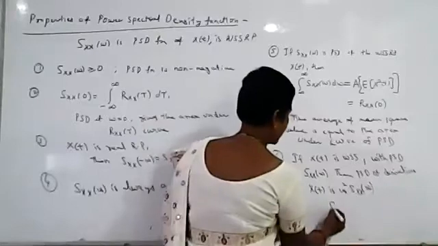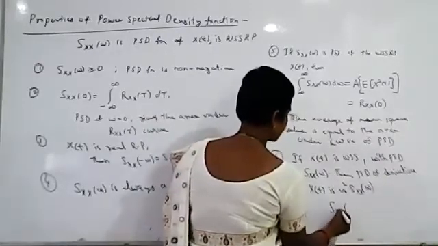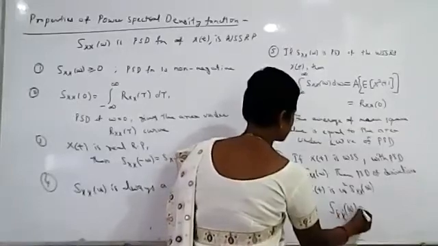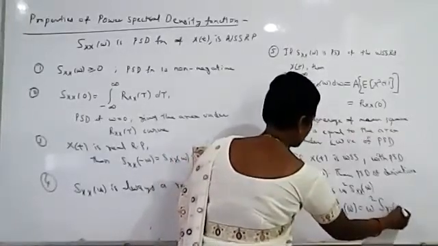That is, Sx dot x dot of omega is equal to omega square Sxx of omega.